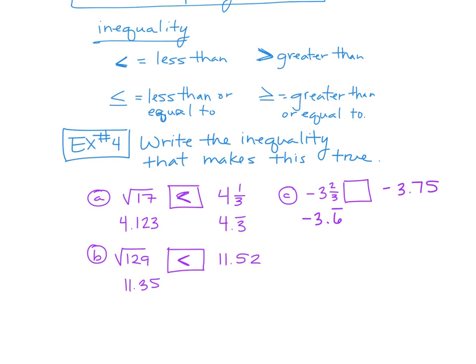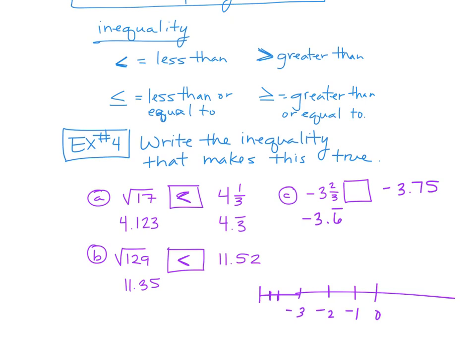And if you just look at the number 3.6 versus 3.7 as positives, which one's bigger? 3.7, right? As negatives, when you think about a number line, here's 0, here's -1, here's -2, here's -3. You would get to negative 3.6 before you would get to negative 3.7, right? So just be careful when it's negative. If the number appears bigger, it's actually smaller as a negative.